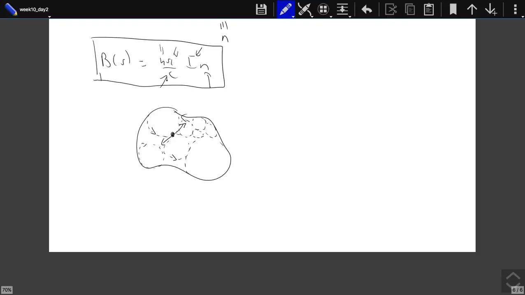Questions? On the field lines in this configuration, how do they look like at the edges? Well, the magnetic field lines will be pointing out.